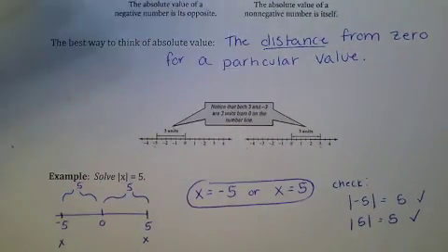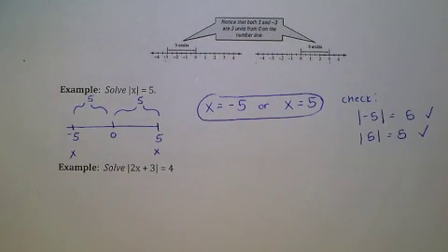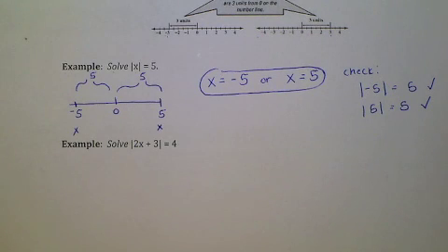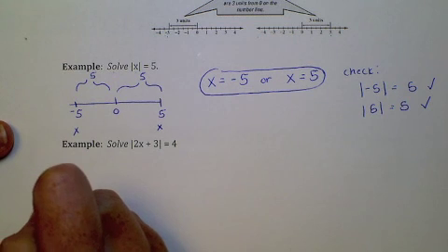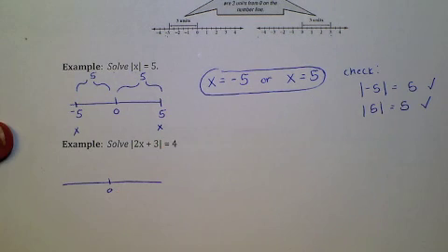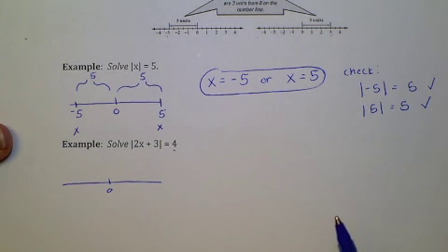Okay. Of course, they're not all going to stay so simple. Let's see, we have another example here. Things are definitely a little more complicated. The absolute value of 2x plus 3 equals 4. Let's first understand what this is saying. What this means is that 2x plus 3, it is 4 units from 0.